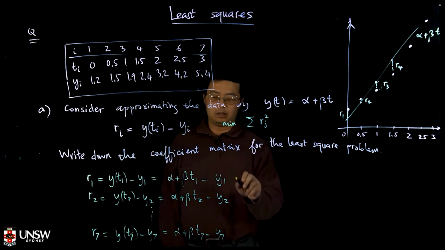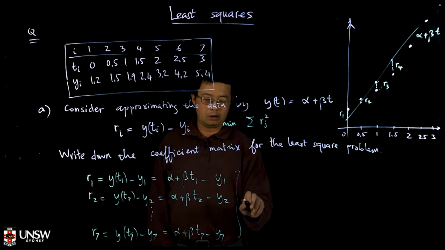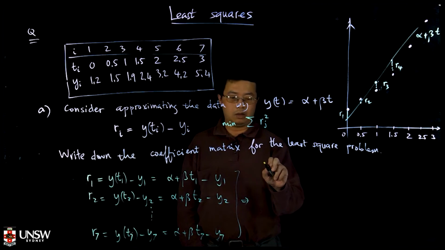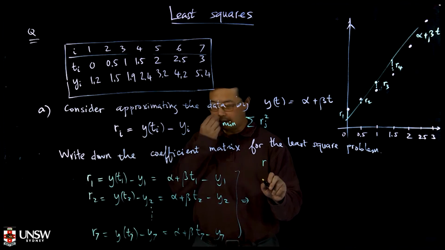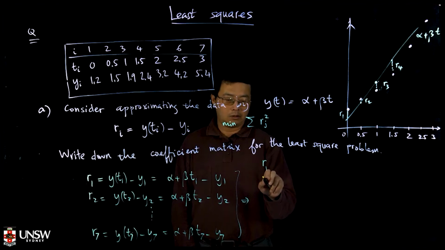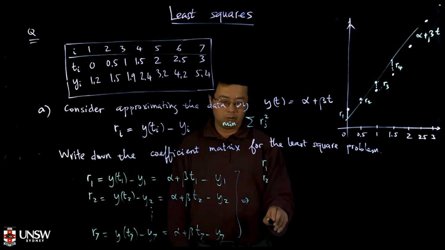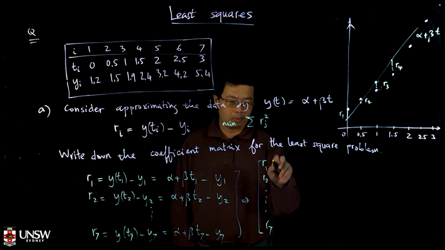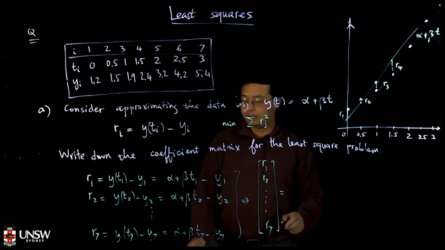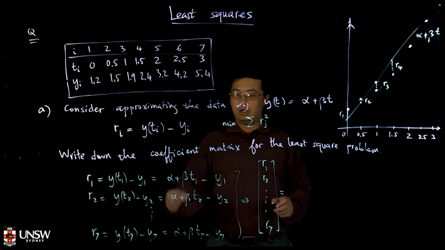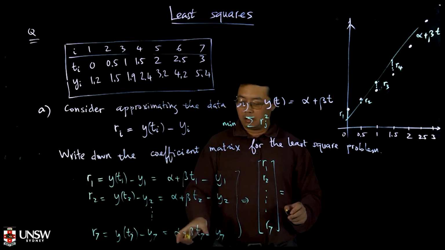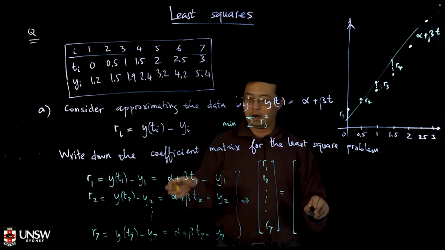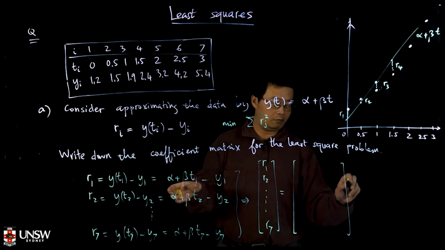And you can see that when you write this down in terms of a matrix, first the residual vector is a column vector: R1, R2 up to R7. Then these equations can be written with the unknown coefficients alpha and beta.